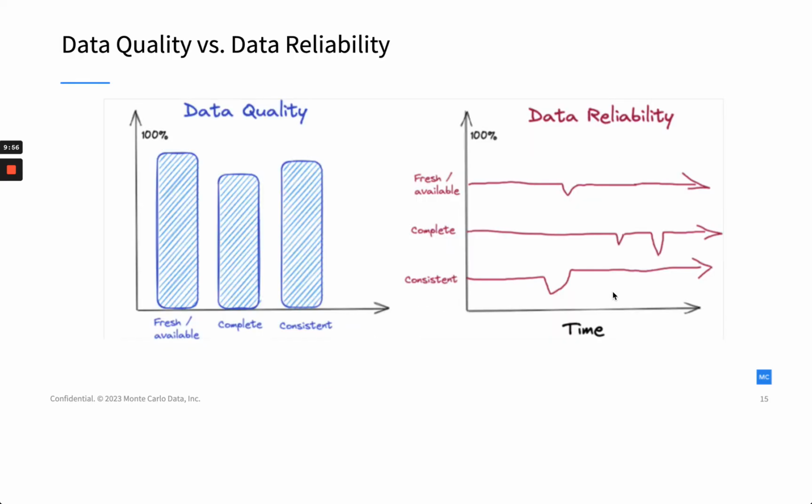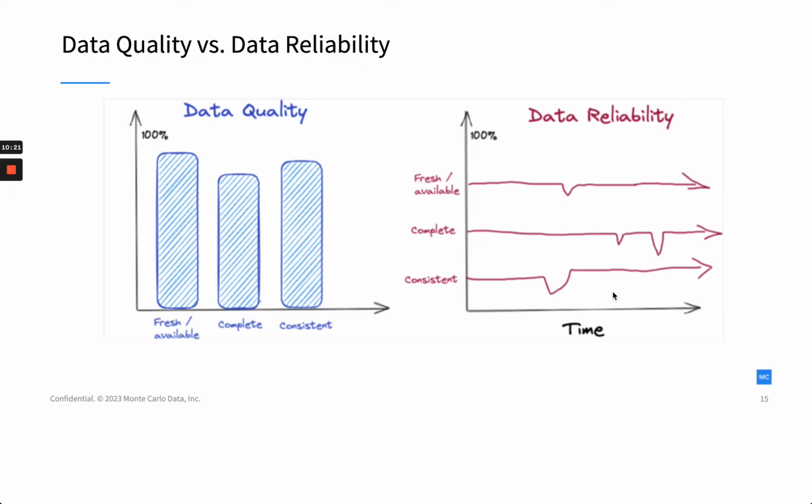So what is the difference between data quality and data reliability? How we understand it, data accuracy at a specific point in time is data quality, and data reliability refers to the health of data, or measuring your data quality over time. Data quality is looking at a single point in time.